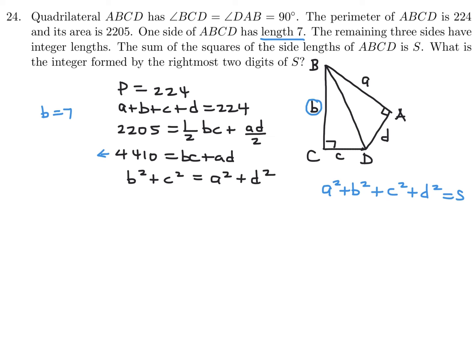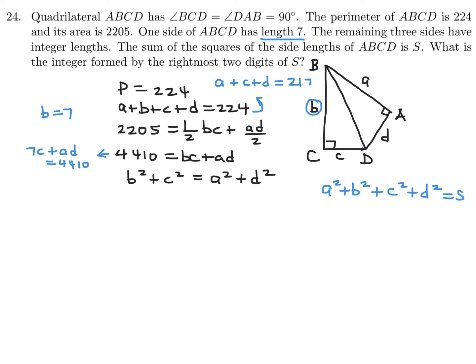So 7c plus ad is 410, correct? And then here, this would be a plus c plus d. I didn't put in the 7, but we can subtract it from the other side, and that'll give me 217, right?